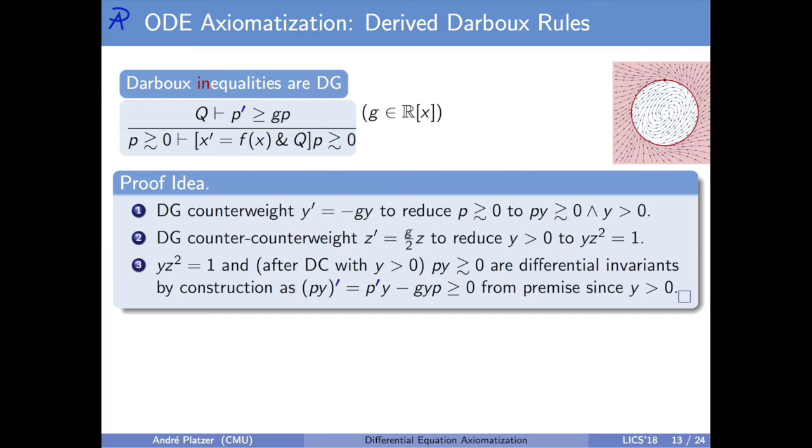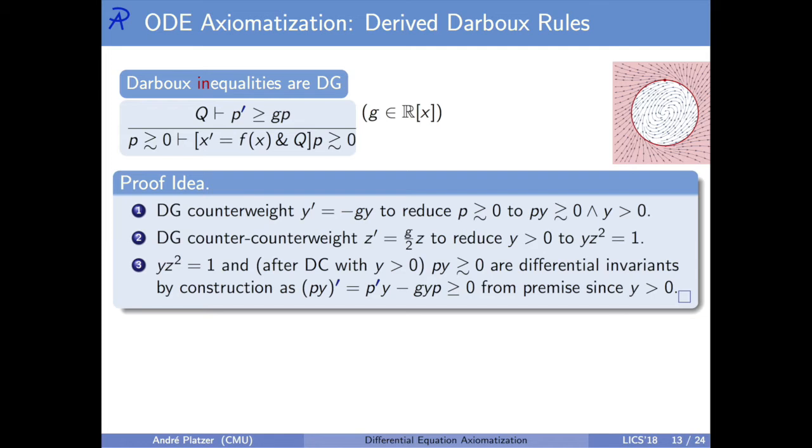For this, again, you need the counterweight. This time it's a bit different because the question is a bit of a different one, because you need y to be positive, but by introducing a differential ghost for a counterweight, z' = (g/2)z, then y being positive reduces to showing that yz² is 1. And then the things are so constructed that precisely those two are trivial differential invariants.